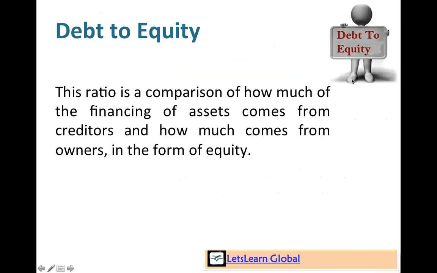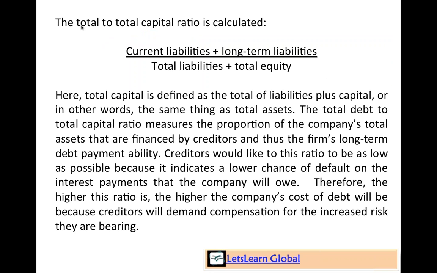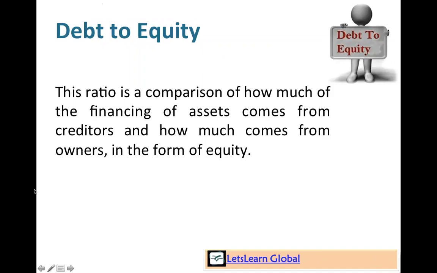Then the next ratio will be the debt to equity ratio, which you need to concentrate on from an examination point of view. Here in my calculation, I mentioned that current liability is 2 million, long-term liability is 3 million, and equity, preference shareholders and common shareholders money, is 15 million.